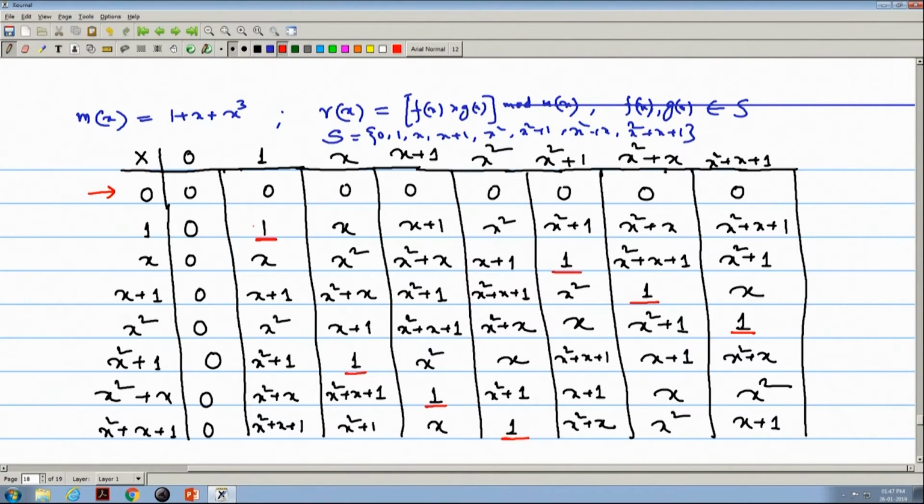So, multiplicative identity is there. We write this as the modulo mx multiplication table.